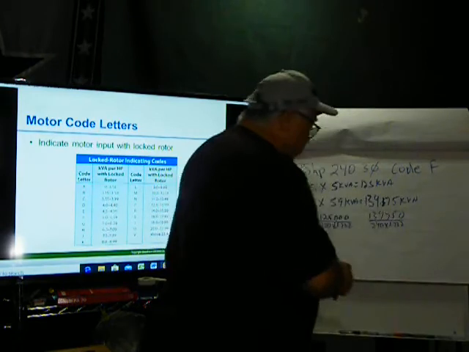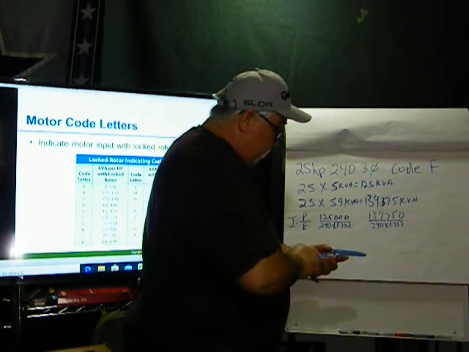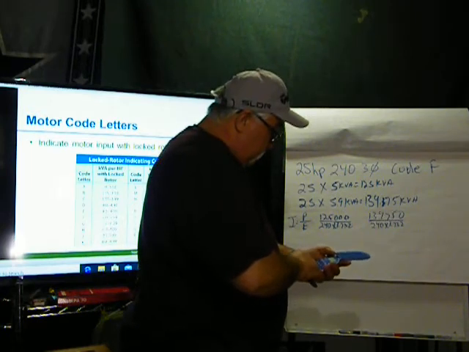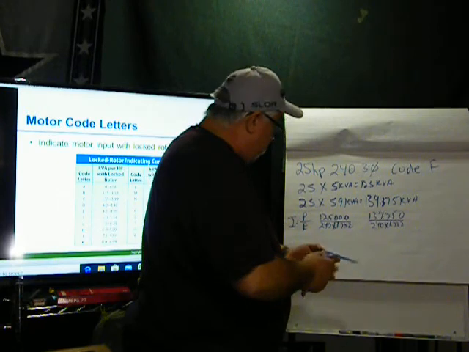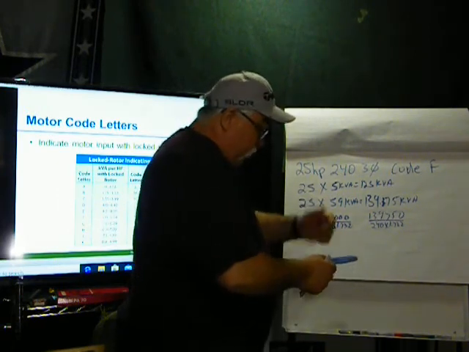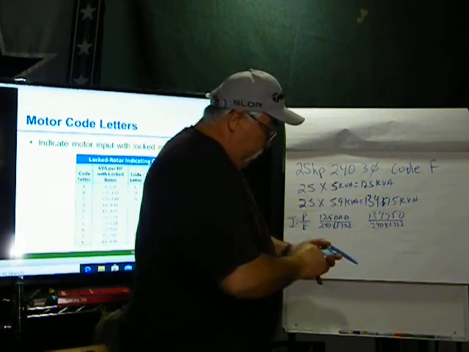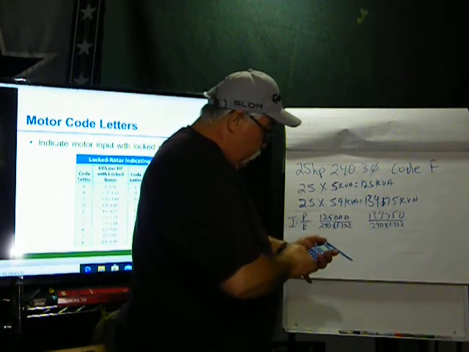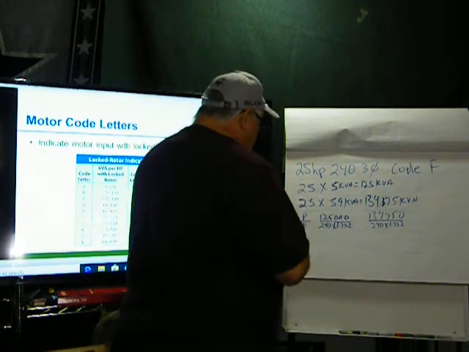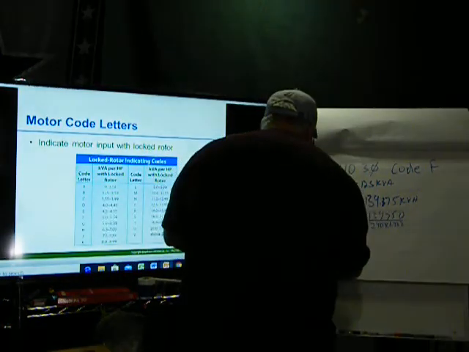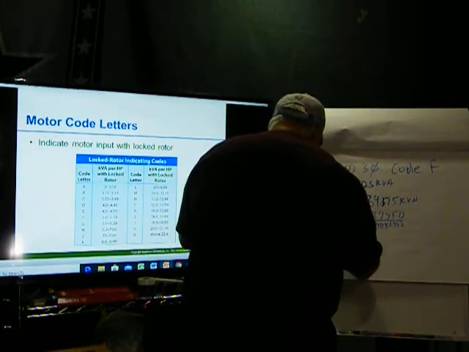So, get my calculator here. I know it's in the book, but 125,000. Okay, these are bottom number dividers, so I hit divide, 240, hit divide again, 1.732 equals 300.7 amps.